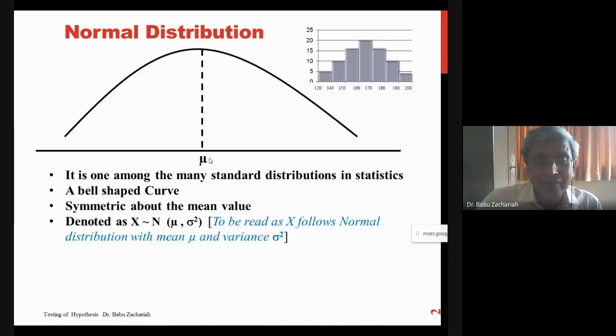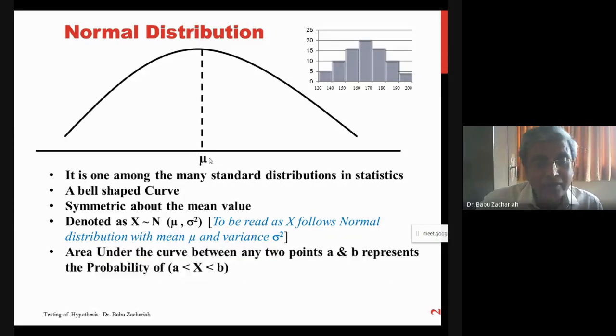And then further, there's a notation to say that some variable follows normal. That notation is this: X tilde should be read as X follows normal distribution with mean mu and variance sigma square. Standard deviation square is called variance.